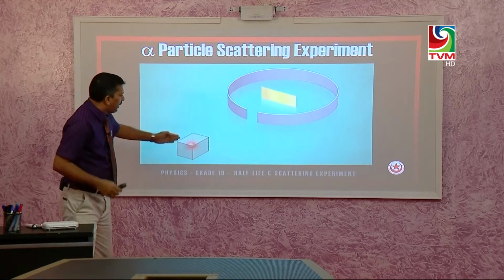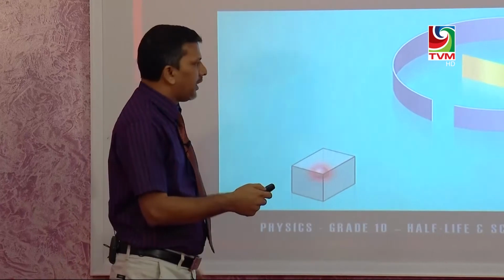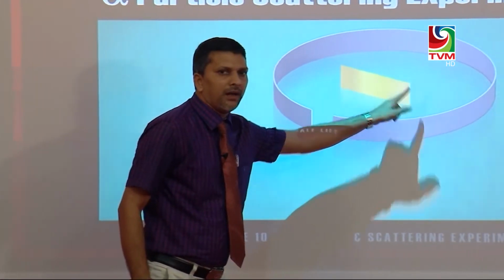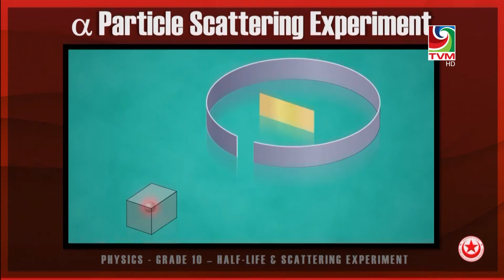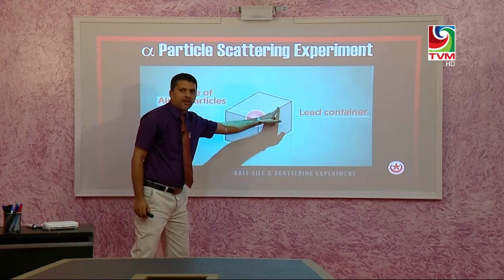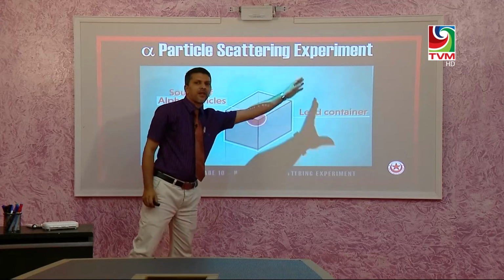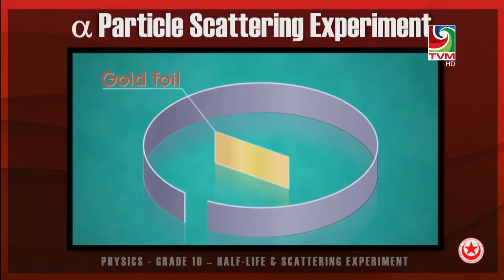He took a lead box containing an alpha source, a gold foil, and a fluorescent screen. First he took a lead box containing an alpha source. There is a small slit through which alpha radiations can go outside. After that, one gold foil.